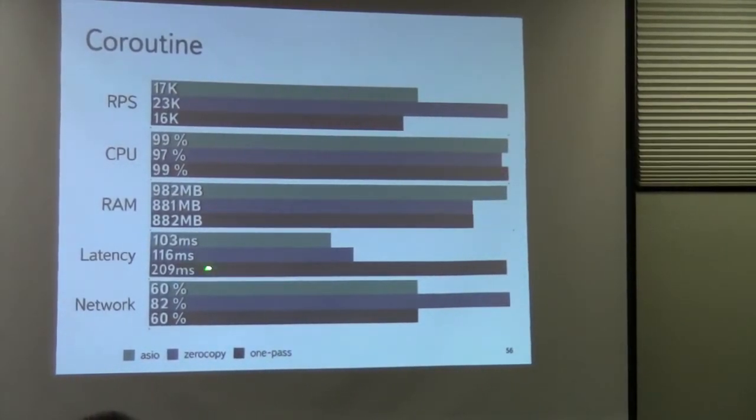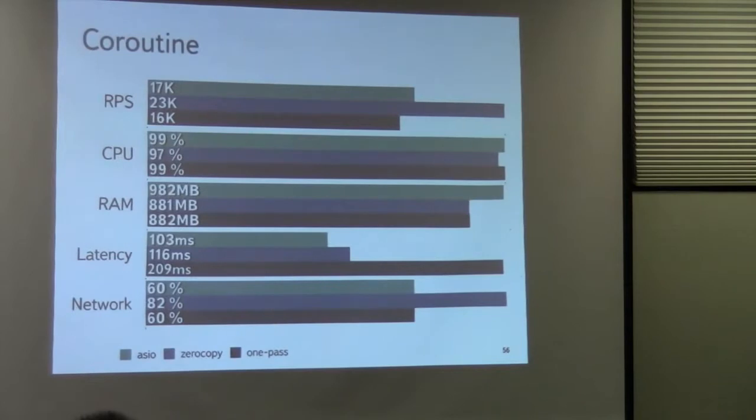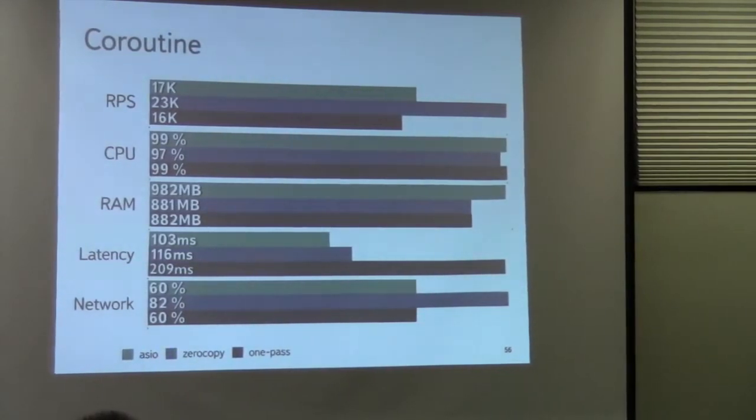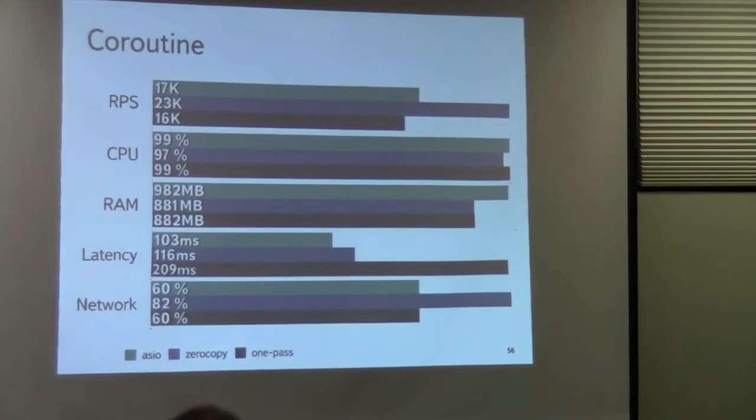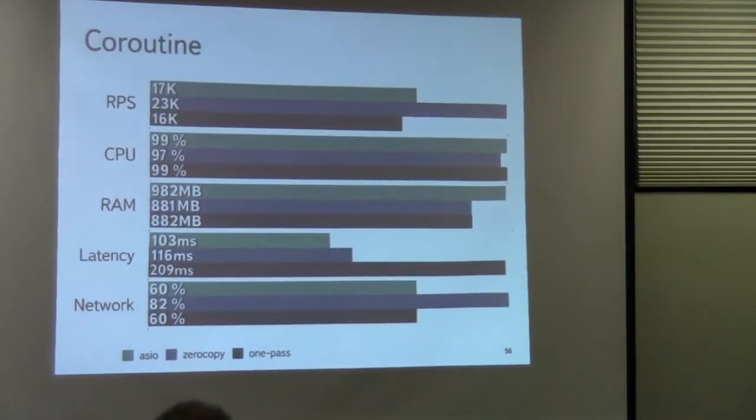Well, latency: the worst latency is with the ASIO plus read iterator, and the best network utilization is with zero copy because we nearly hit the limit of the CPU, but still not.